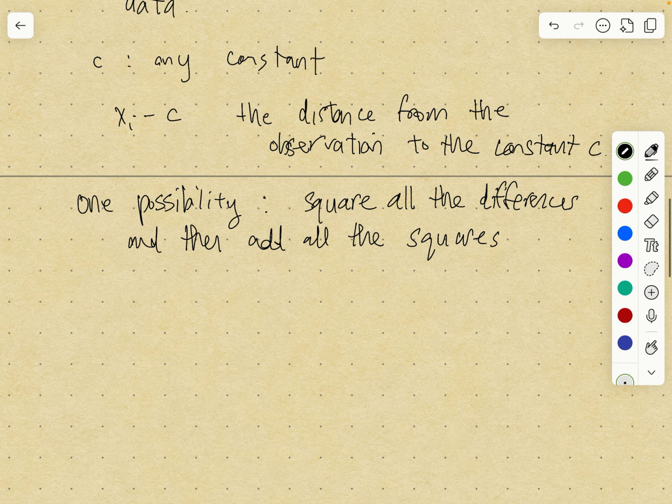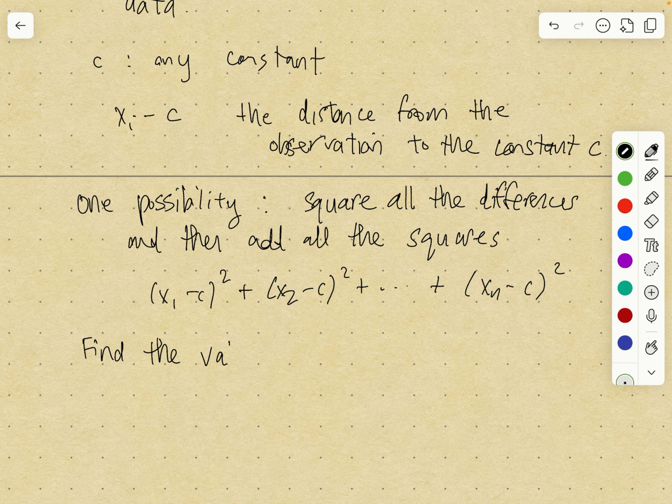So what you end up getting is x1 minus c squared plus x2 minus c squared, all the way to xn minus c squared. And one idea is to find the value of c that minimizes this sum, so it makes the sum as small as possible.